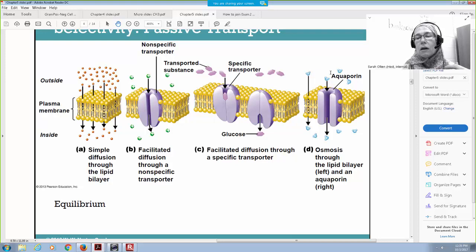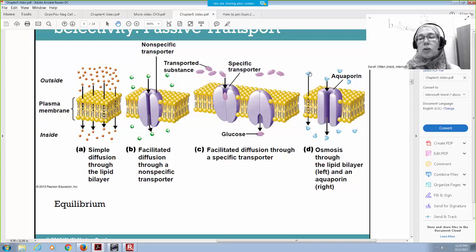And then in the case of movement of water, there are also special proteins where water moves through, called aquaporins. That's where the vast majority of the water will be moving through, those specialized proteins, but some can also diffuse across the membrane.